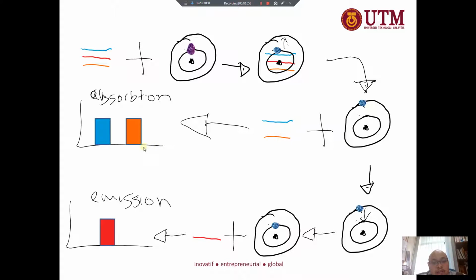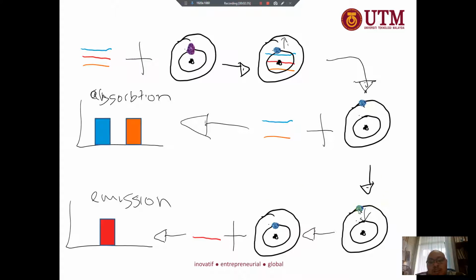Okay, after a while, the electron at the outer orbital will relax back to the lower orbital. When it goes back to the lower orbital over here, it will release the frequency that the analyte absorbed just before this. Before this it absorbed red, right?